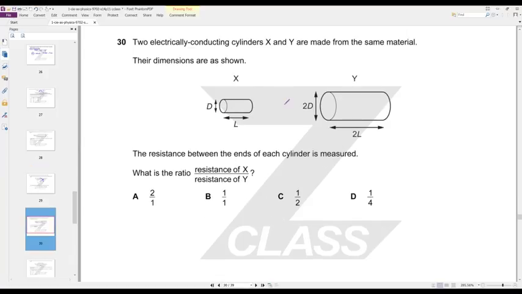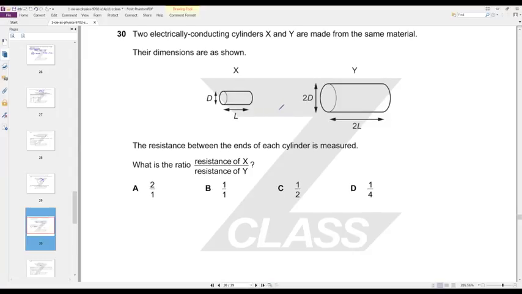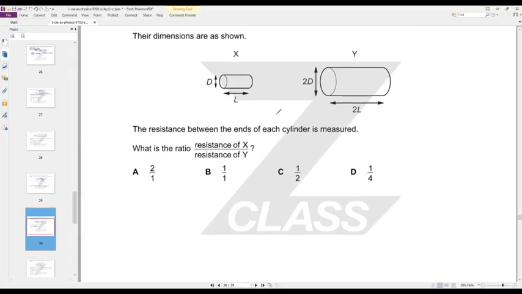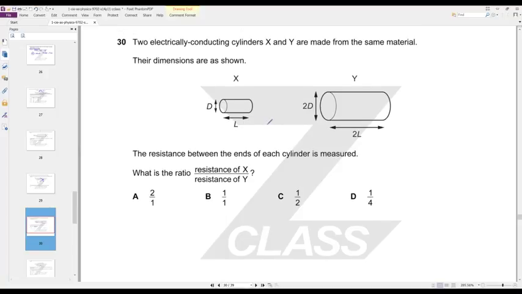Okay, so 2 electrically conducting cylinders X and Y are made from the same material. Their dimensions are as shown. So this is looking for our resistivity equation. So this is R equals rho L over A. Resistance is proportional to length, inversely proportional to area, and proportional to resistivity.